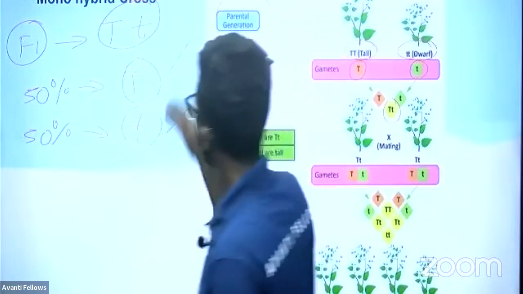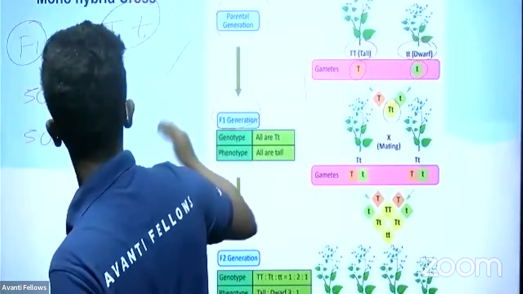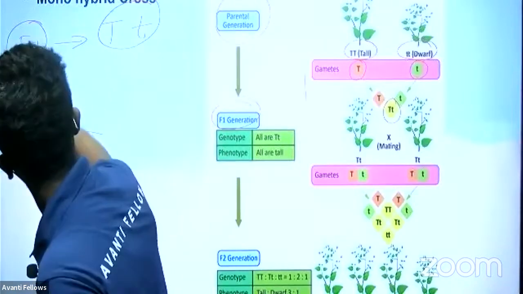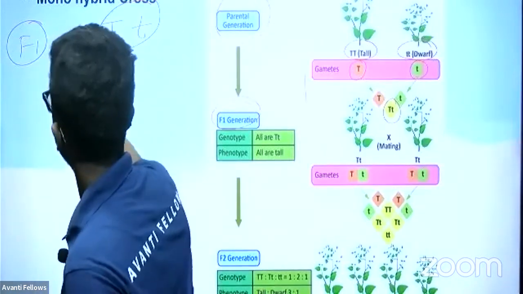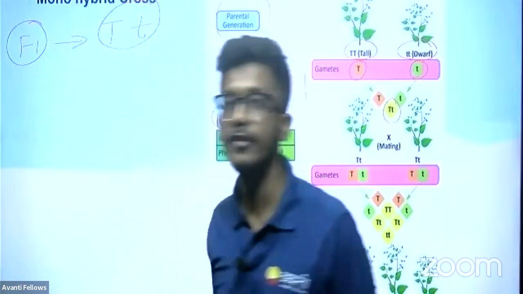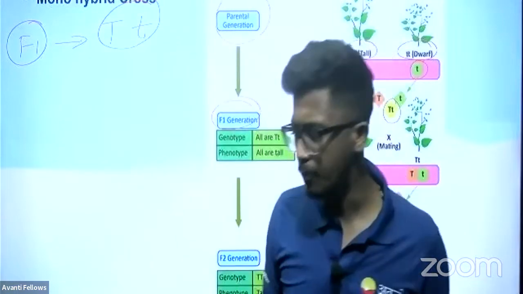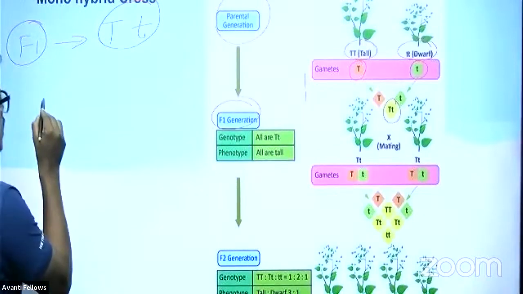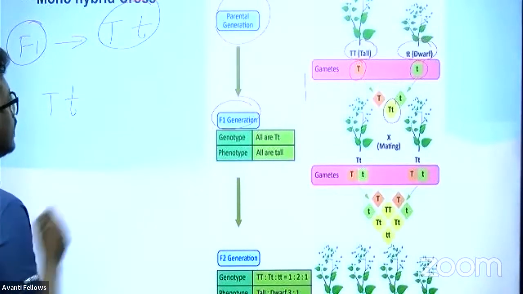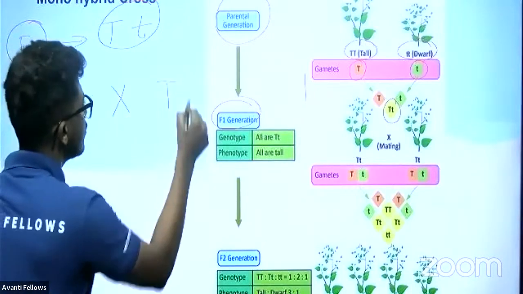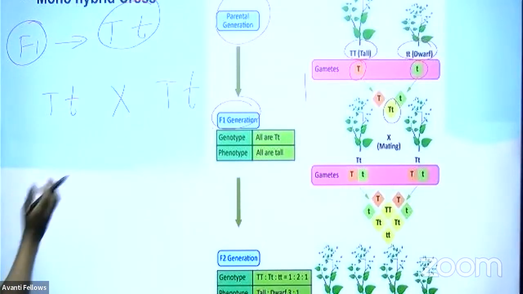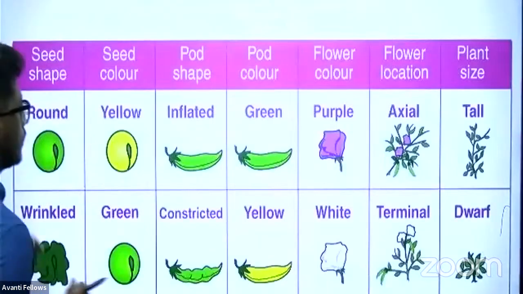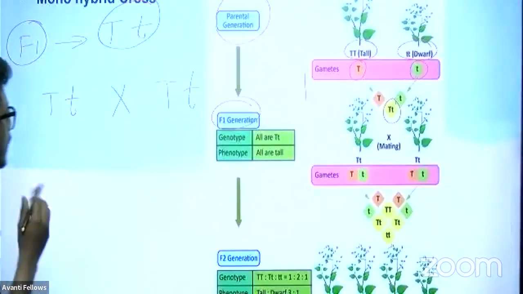Now what will he do? He will self-pollinate. What is self-pollination? We transfer the pollen grains from the anther of a plant to the stigma of the same plant. That is called self-pollination. Correct, right? So when I self-pollinate, my capital T, small t would be crossed with capital T and small t. Now what is the possibility, guys?